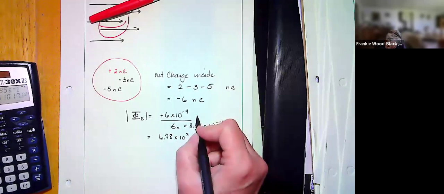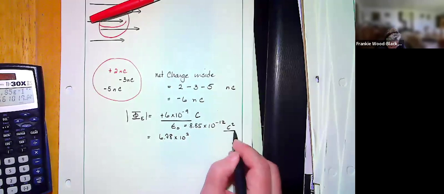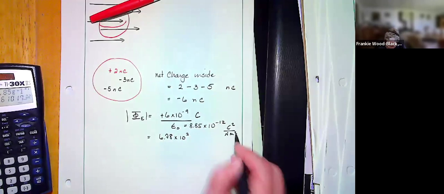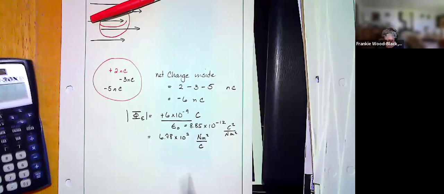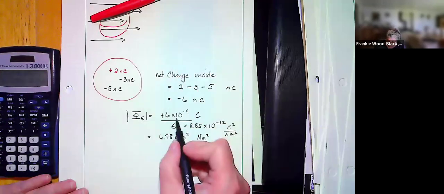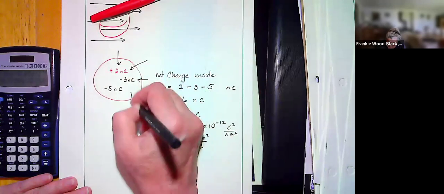And this was in coulombs, and this was in Coulomb squared per Newton meters squared. So I'm going to end up with Newton meters squared per coulomb. And because it's a negative, my flux lines are going to be coming in this way.